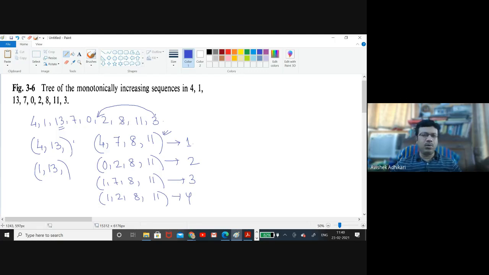One possible search could be to start with this number and then look at all the things that could be next. For example, after 4 you cannot take 1, then you have to take 13. If it's 13, then you cannot take anything else. But every time you have to exhaust all the numbers to see whether anything larger than 13 is there in that list or not. That means if you use some arbitrary algorithm, then this searching process would be very difficult.